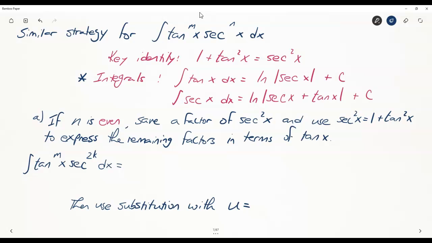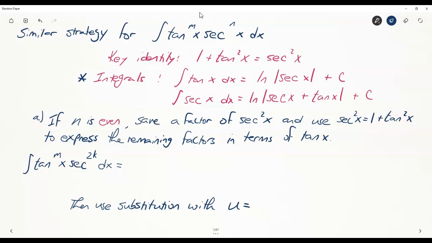We're breaking off two factors so that this secant squared together with this dx will be your du after you do a substitution. So you need to keep two factors of secant off to the side, and then all of the remaining factors of secant we're going to replace using the expression that secant squared is 1 plus tangent squared.